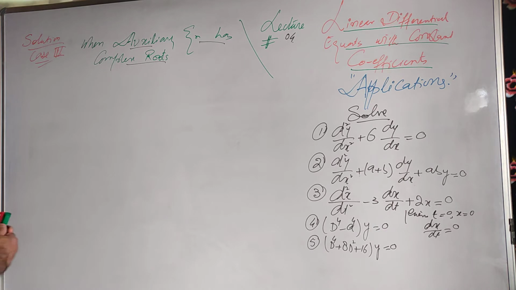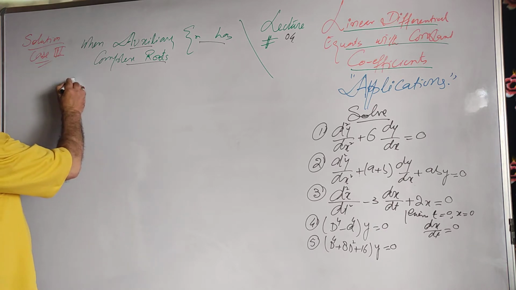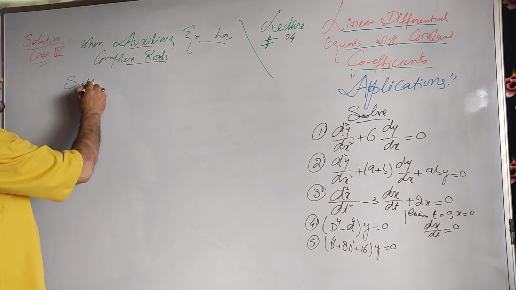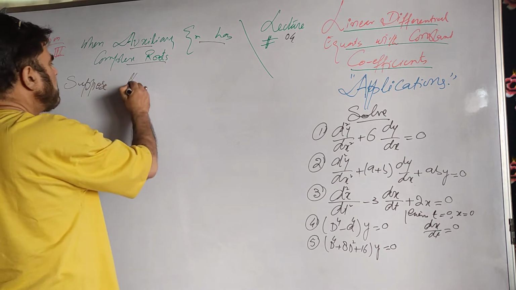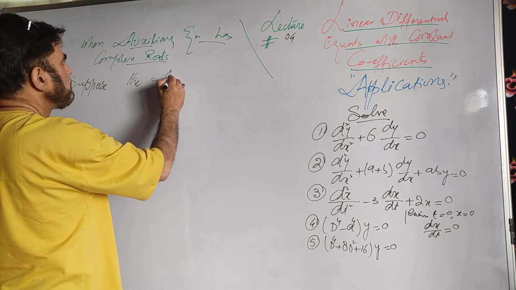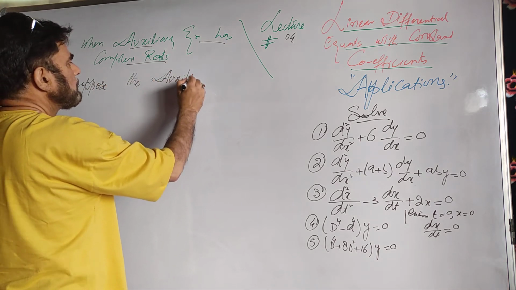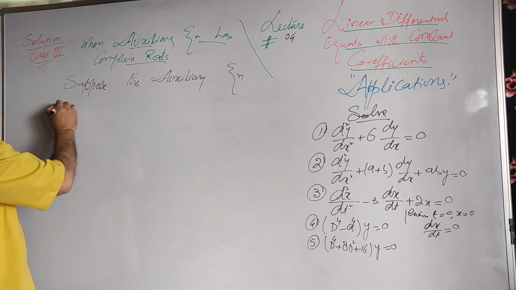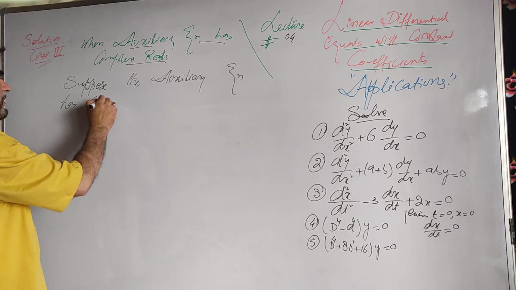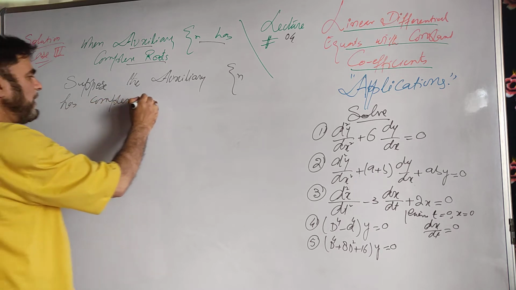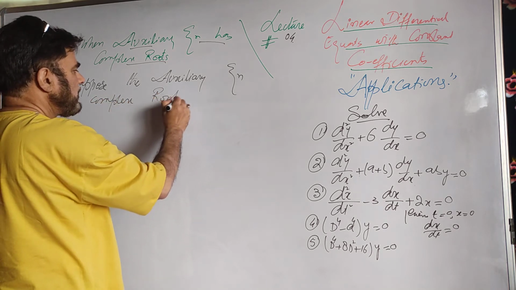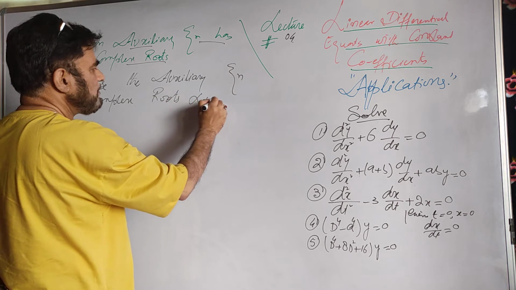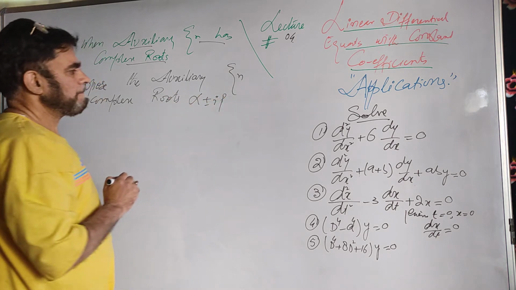Let us assume the auxiliary equation has complex roots alpha plus minus iota beta.